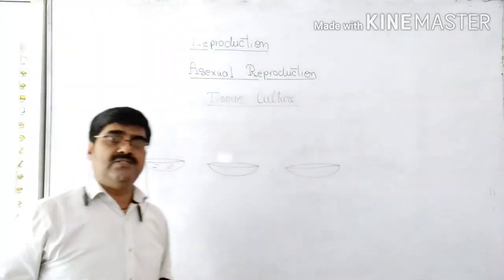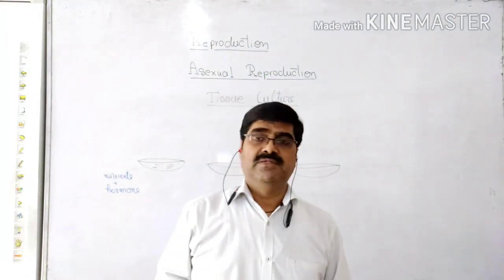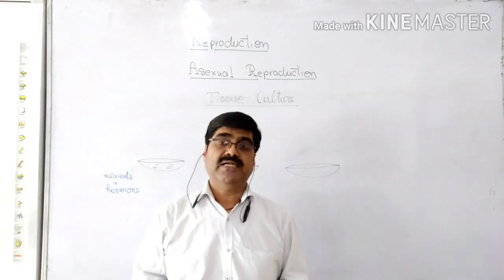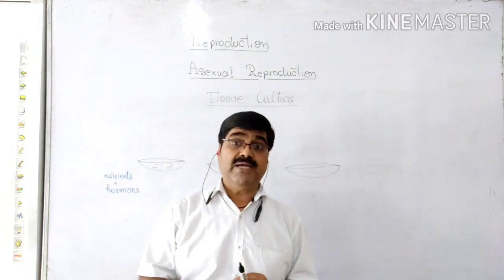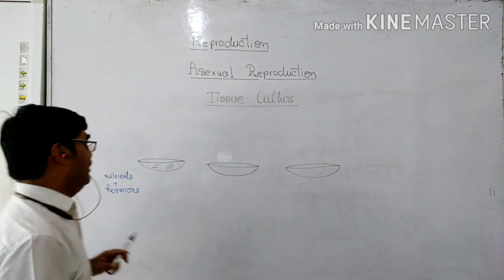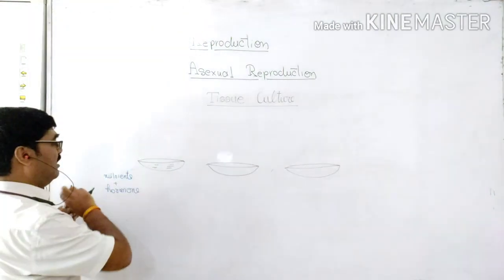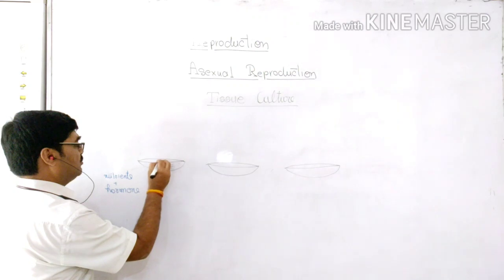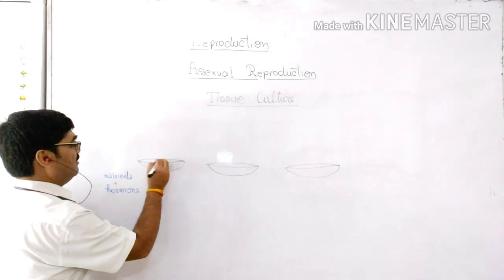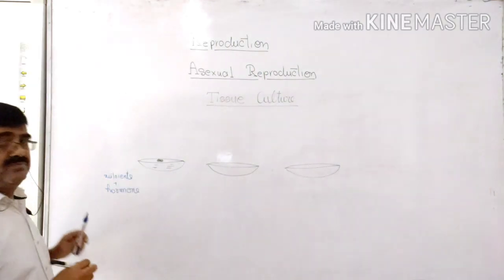It is needed for cell division. Here we take the cytokinin hormone. And in this culture medium we put some tissues.